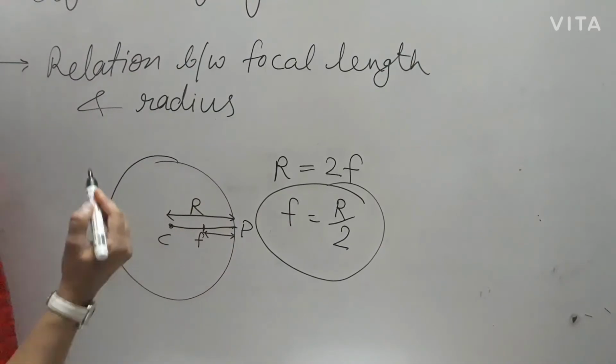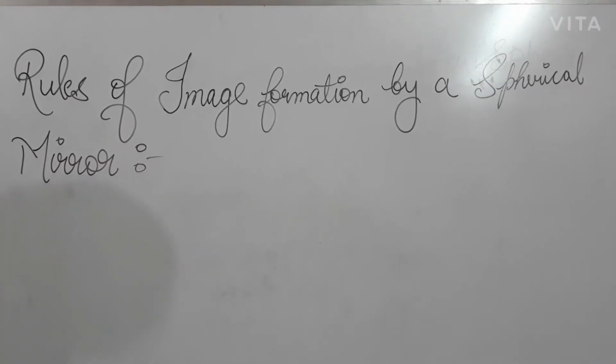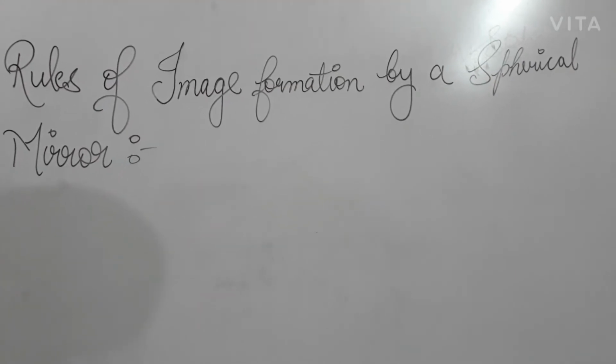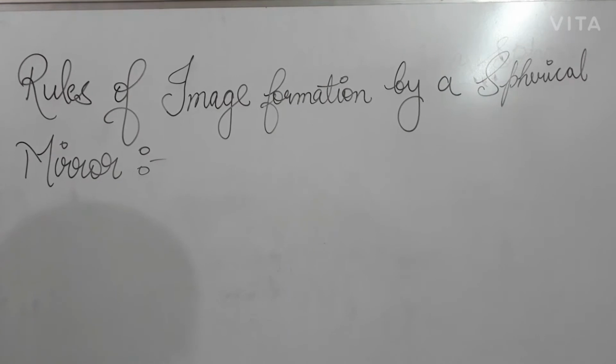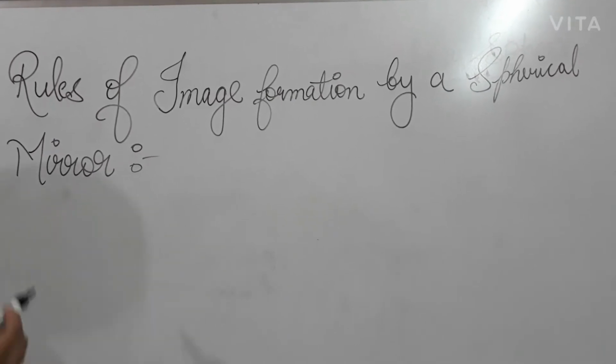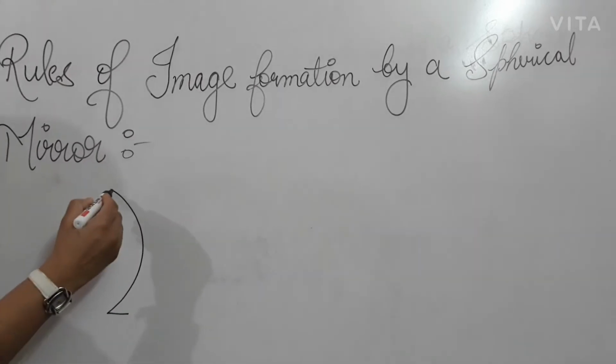Now we will discuss image formation by a spherical mirror. We will study some rules for how the image is formed. First of all, this is a concave mirror.